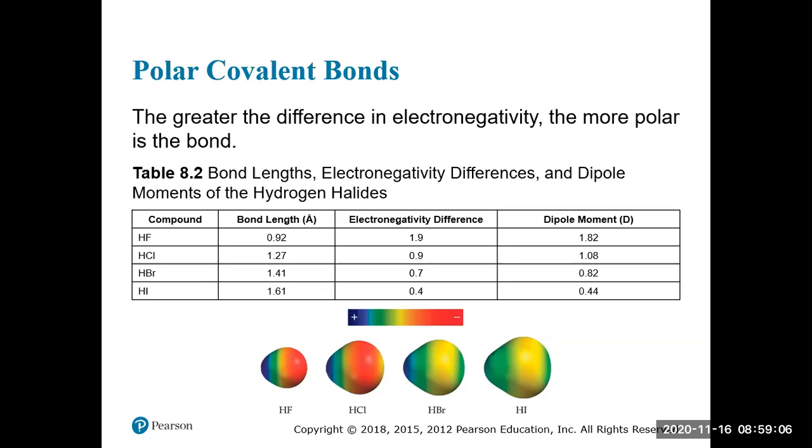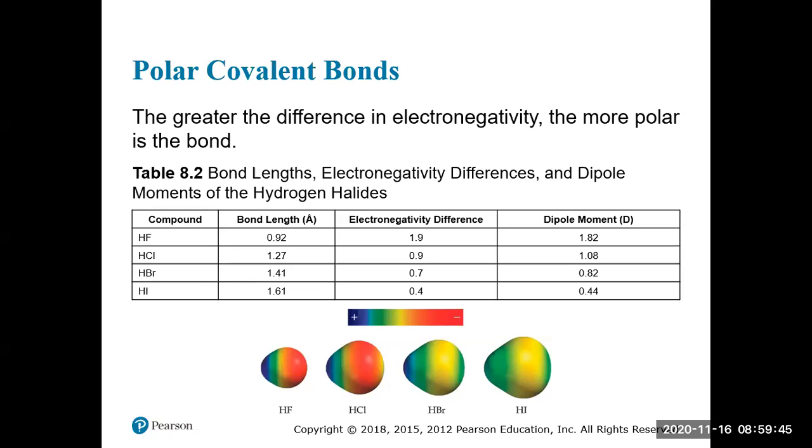And what we see, just as we would expect, as we go down that halogen column, is that we get less of an electronegativity difference. And so then it's less polar, and that dipole moment changes as well. Remember, dipole moment is related to polarity as well. So going down the table, we see bond lengths going from 0.92 to 1.61.